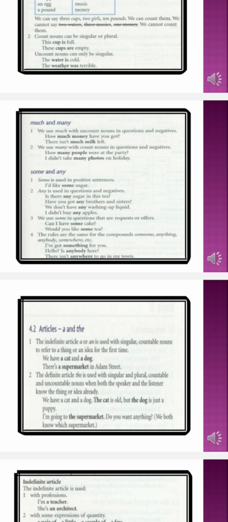For example, is there any sugar in this tea? Have you got any brothers and sisters? We don't have any washing up liquid. I didn't buy any apples.